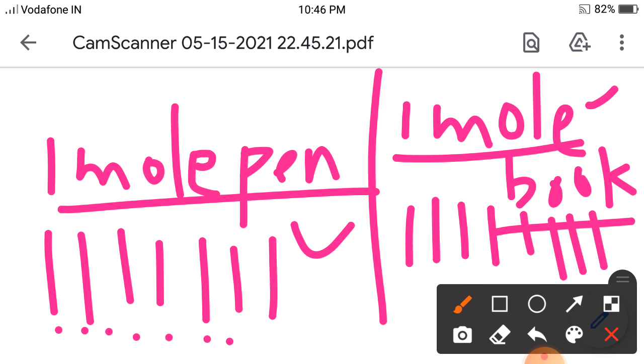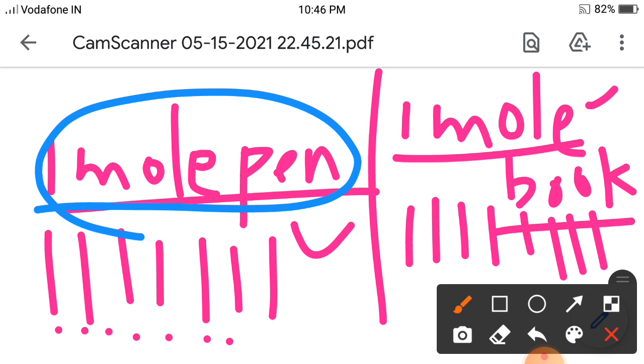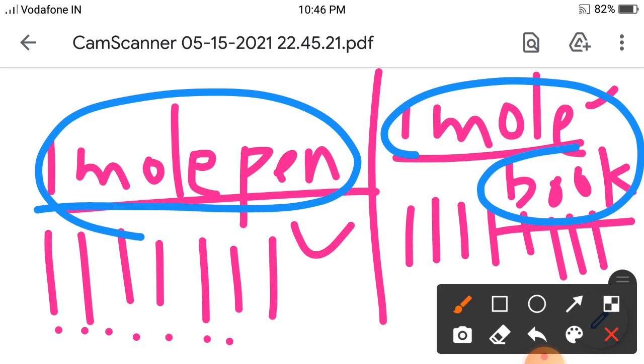One mole of pens and one mole of books have a similar number of items, but the difference is the mass. The mass of one mole of pens is different from one mole of books. It is not the same.